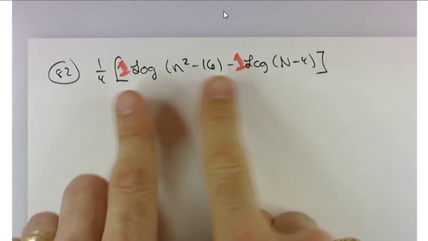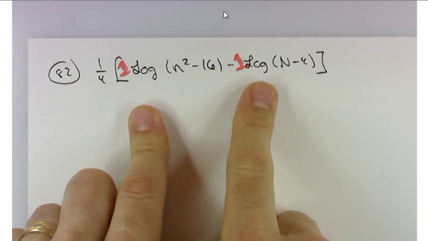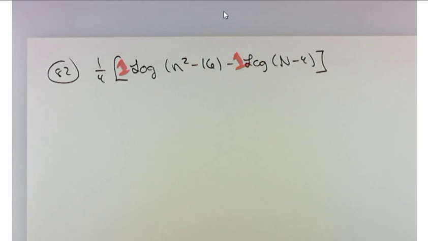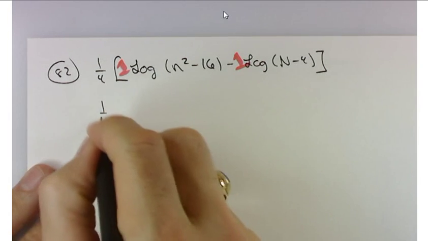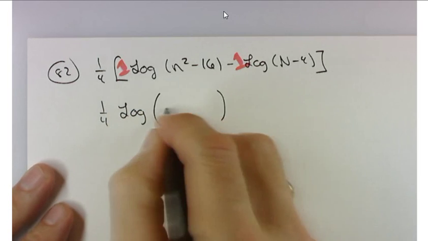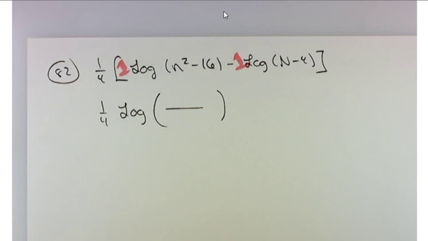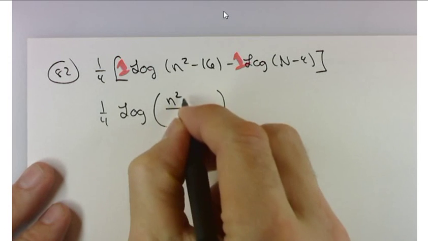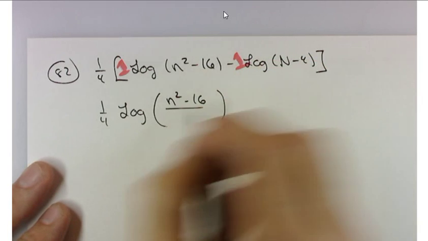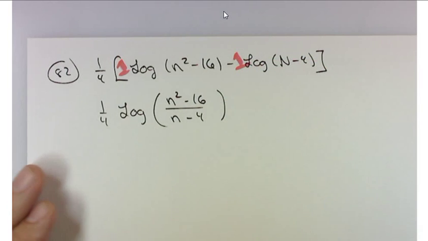Now, because I've got a log of something minus a log of something else, I don't have any coefficients, let me use my quotient rule for this. This is going to be the log of n squared minus 16, that's our numerator, over n minus 4 as the denominator.